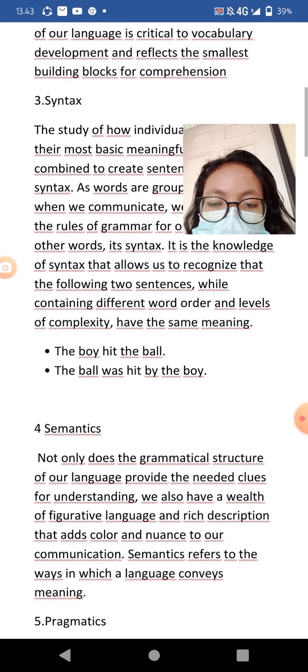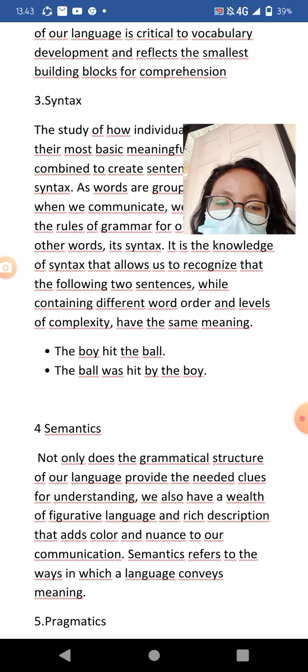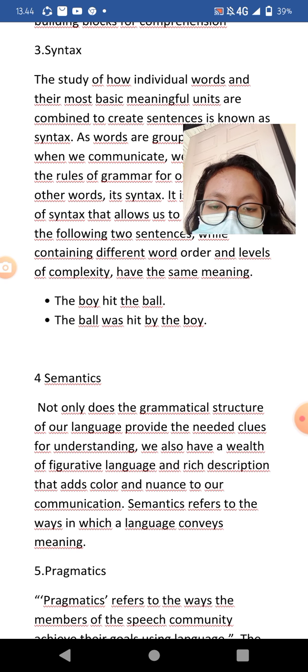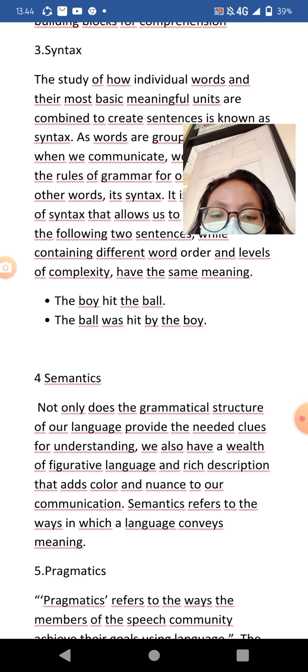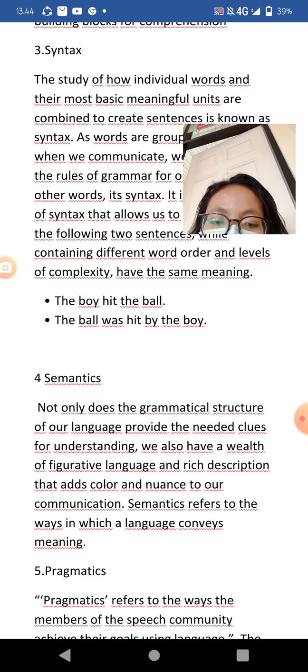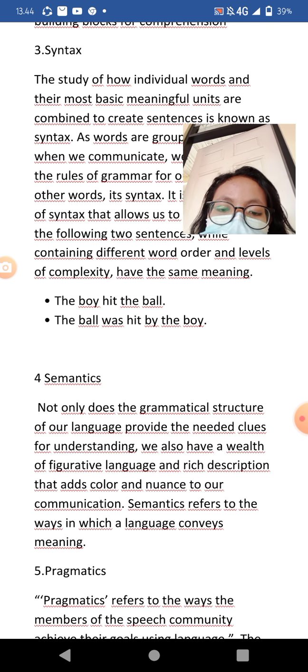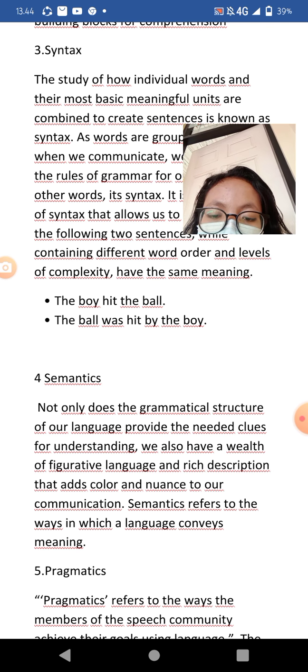Number four, semantics. Not only does the grammatical structure of our language provide the needed clues for understanding, we also have a wealth of figurative language and rich description that adds color and nuance to our communication. Semantics refers to the ways in which a language conveys meanings.